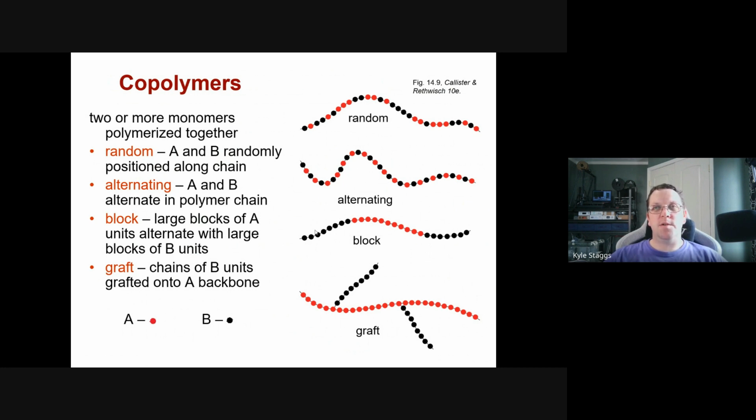Maybe one is UV tolerant, the other is some other property, and the last one is you want it to be easily water soluble so that it can come off the surface without adhering very strongly or something like that. So the random can be useful, but it's no rhyme or reason. It's pretty chaotic. Alternating is very straightforward.